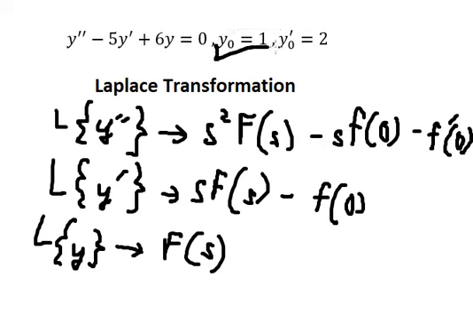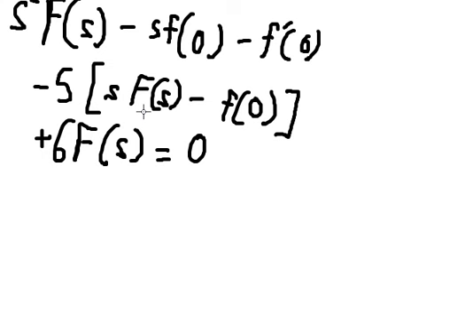Now we have two conditions. So that means this one in here is the value of f of 0, f of 0. This one is 2 in here. So we have like this.